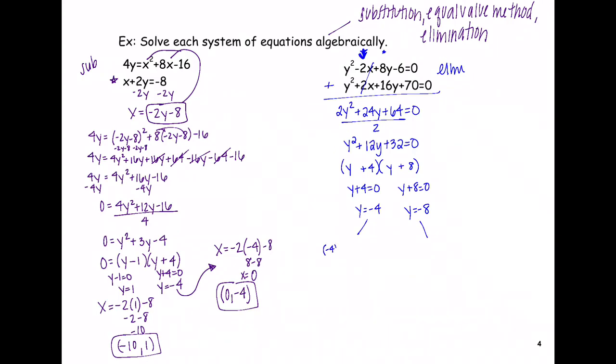So negative 4 squared minus 2x plus 8 times negative 4 minus 6. Negative 4 squared is 16, minus 2x, minus 32, minus 6 equals 0.